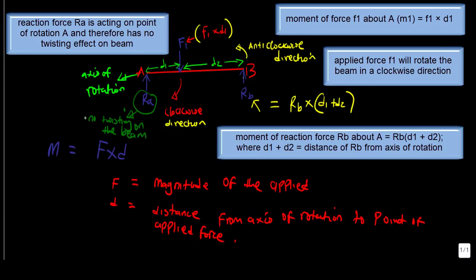Therefore, zero moment basically. So there is no effect. The torque is 0. If you're doing mechanical engineering and you've come across torque, we're basically talking about the same thing here.